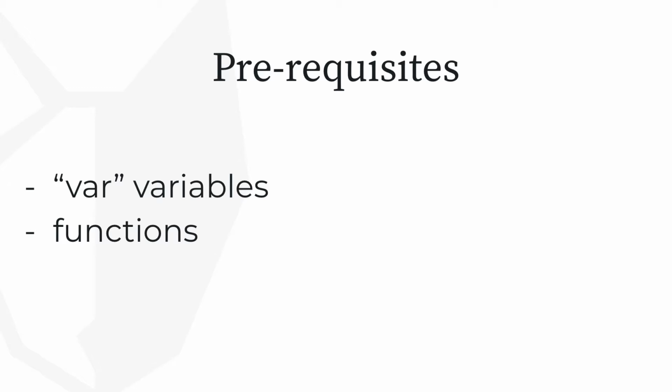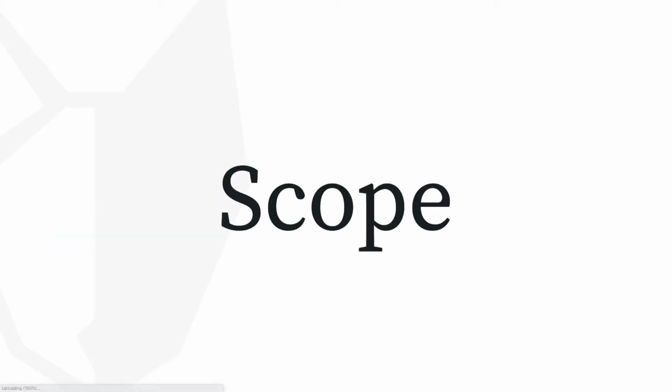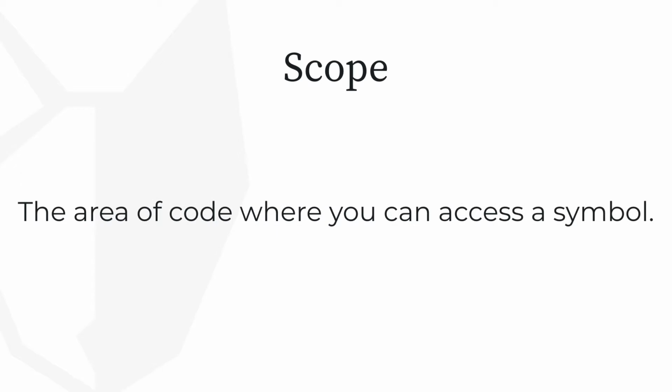So to start this discussion, I like to introduce the concept of scope. Scope is one of the things that fundamentally changes when you use var variables and when you use let variables. A definition that I like to use for scope is this one: scope is the area of code where you can access a symbol.